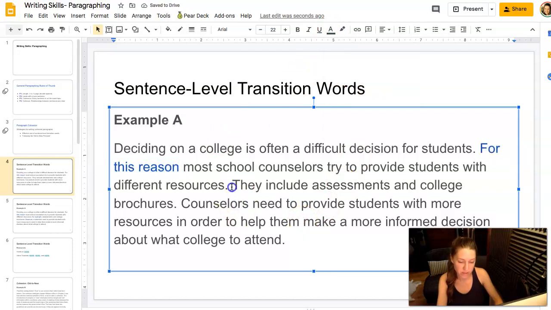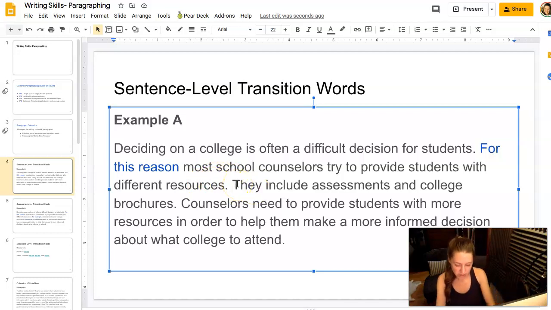Okay, next sentence. They include assessments and college brochures. What is the relationship between counselors providing students with different resources and this sentence? They include assessments and college brochures. So these are examples of resources. So we can make that relationship clear in a bunch of different ways.